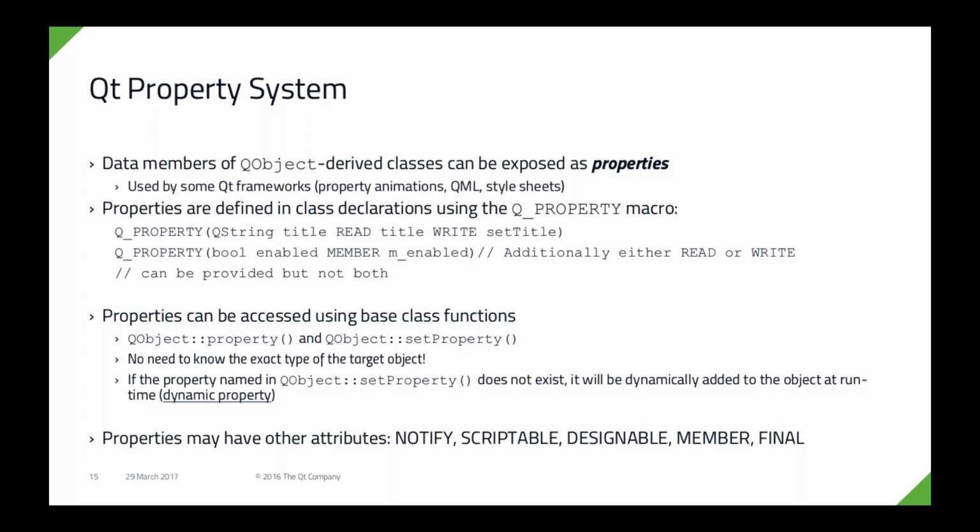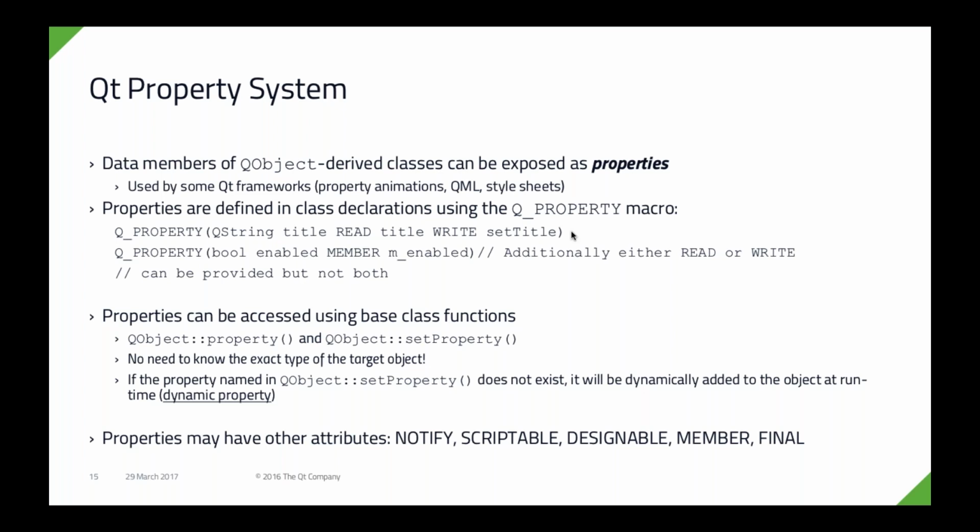In the header file, we do this with the QProperty macro, which specifies the type and the name that the property will have from the class. The read and the write macro, if we see at the top here, are really referring to the functions which get and set.